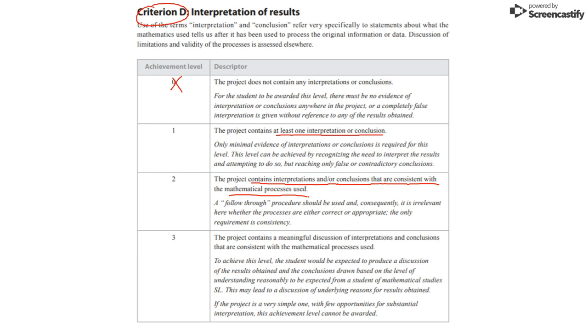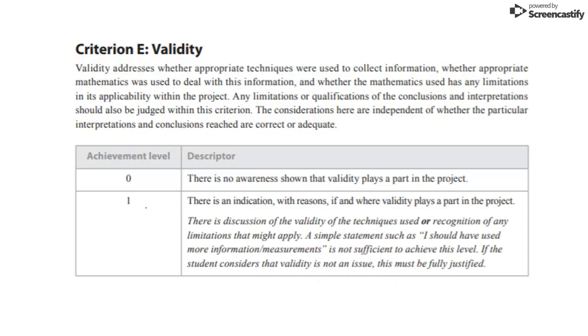To get from a two to three in this criterion is a meaningful discussion of interpretations and conclusions that are consistent with mathematical processes used. Right? So you can see a little bit more detail here, but at this point, if you're making interpretations, attempting to, you should have no issue really to get up here into the two range.